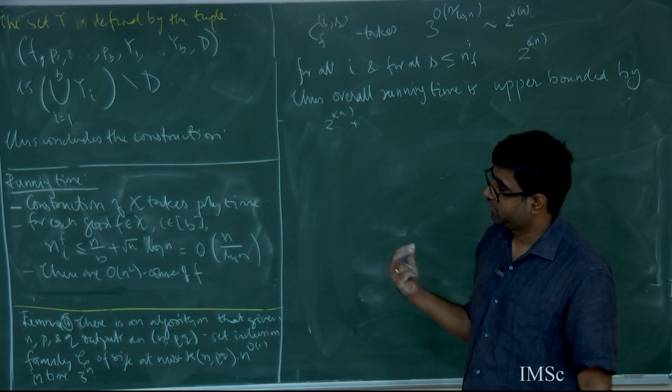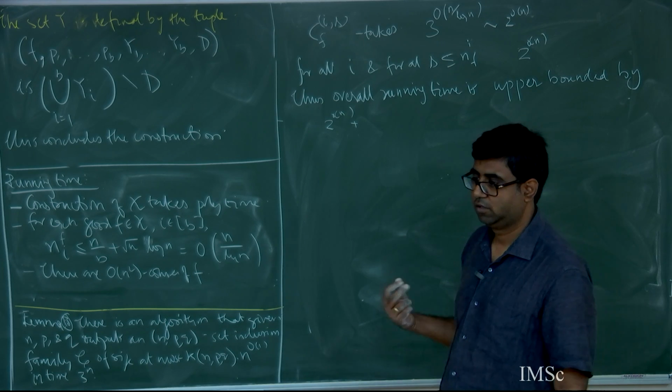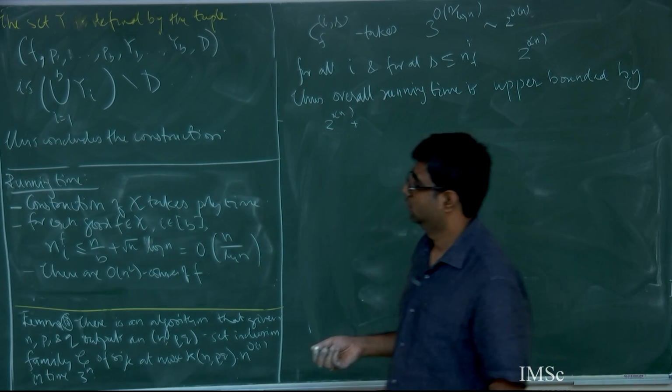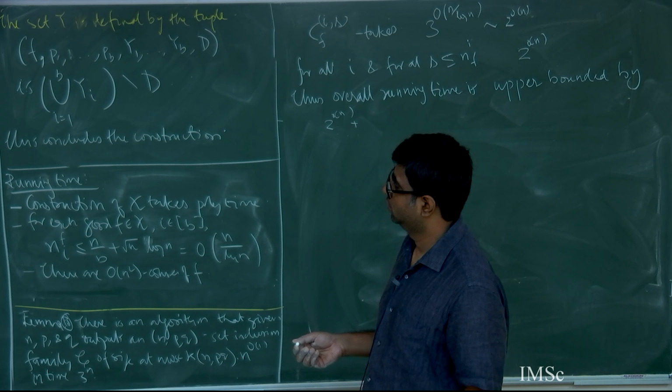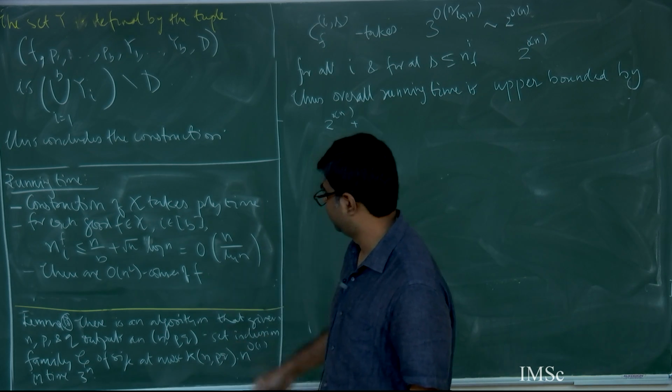I can output C by spending polynomial time for each y in C. There are order n square choices of f.